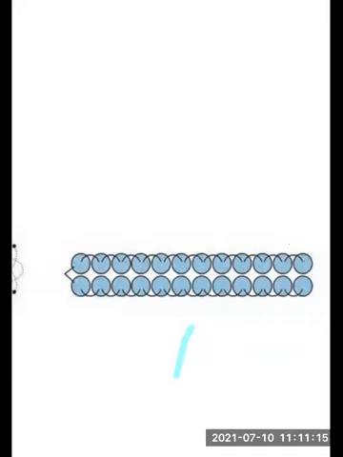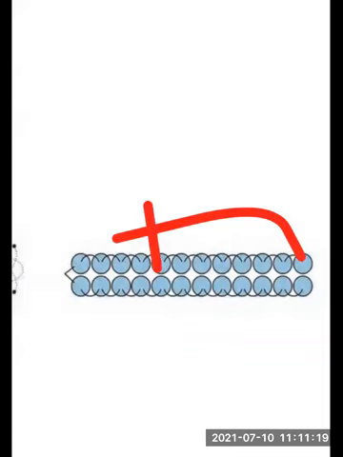Okay, so in this diagram, students, you can see the arrows. So these electrons are moving from one place to another place, right? So that is nothing but how the free electrons move from one atom to another atom.